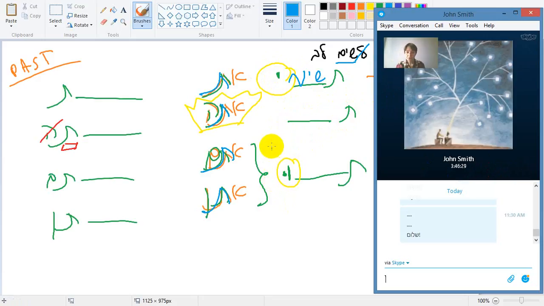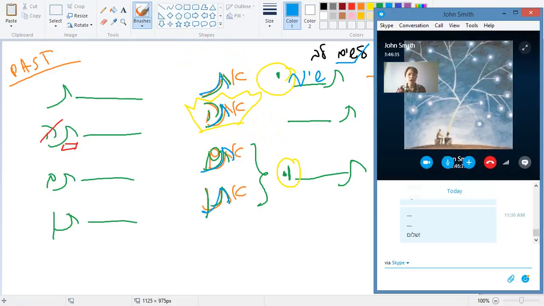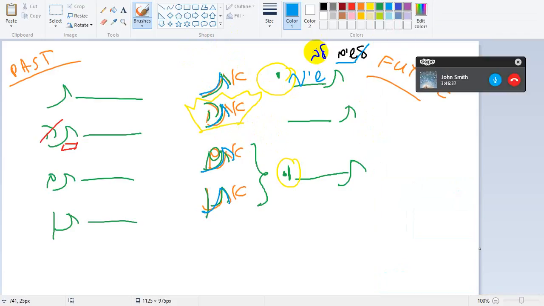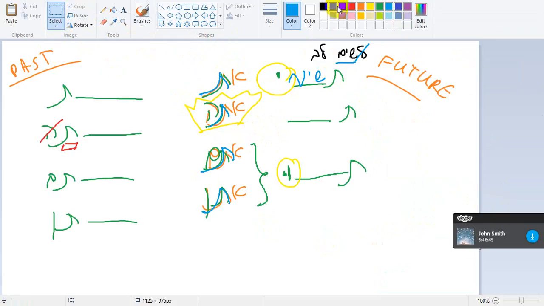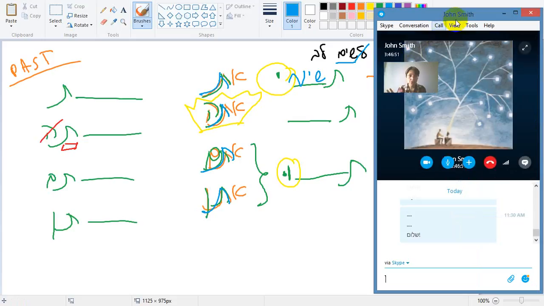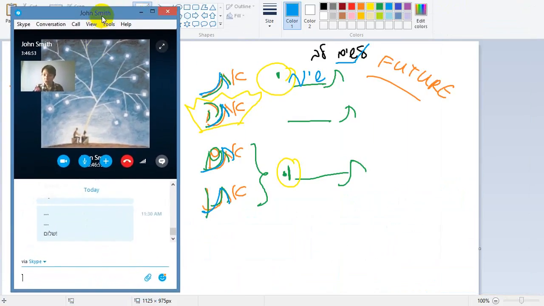Now, I promised you a surprise. I promised you some good news. You're thinking, oh, it's a difficult form. How am I going to remember it, etc. The good news is that this future form is worth studying, because actually by studying this future form, you have studied not only future.